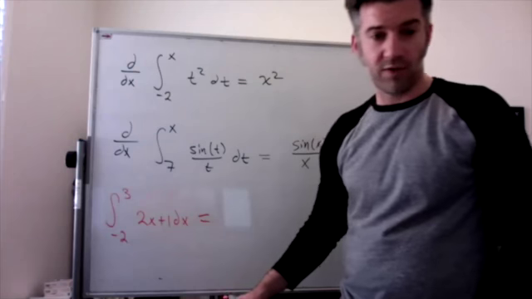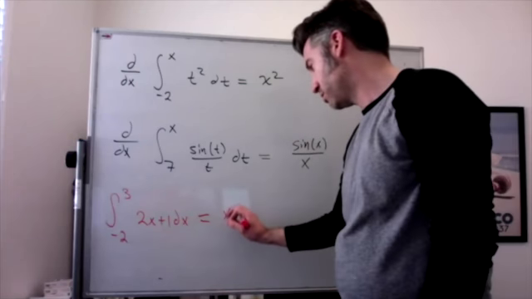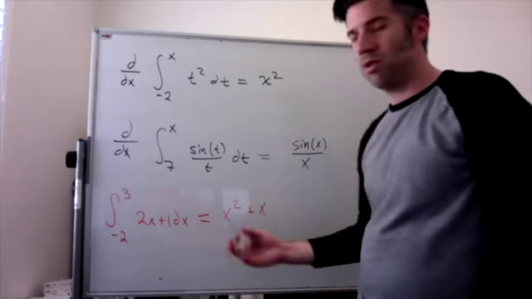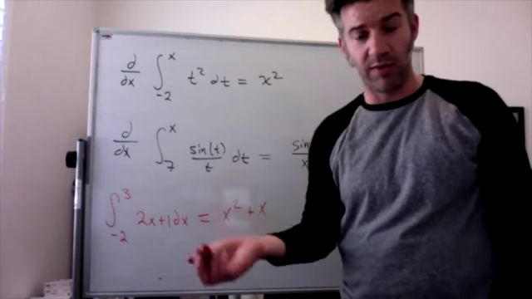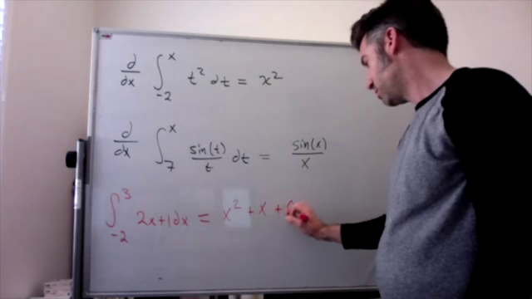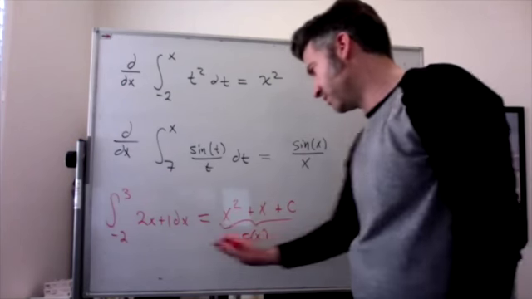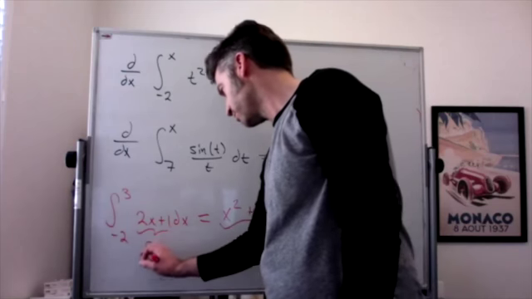The antiderivative of 2x is x squared. The antiderivative of 1 is x. And I could throw on a plus c. We don't usually, but I will this one time. So there's my capital F of x. This is lowercase f of x.